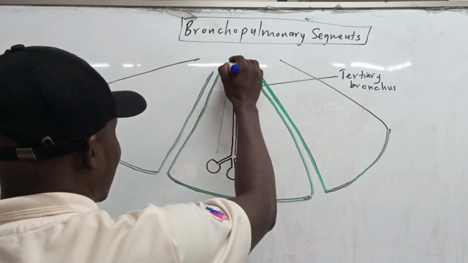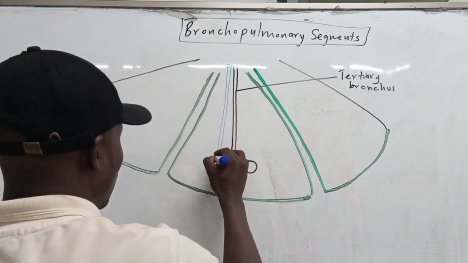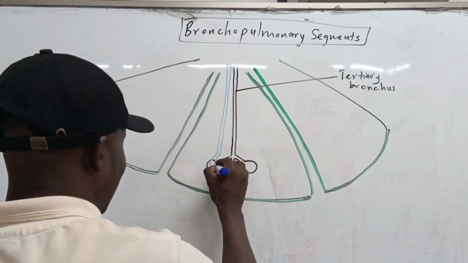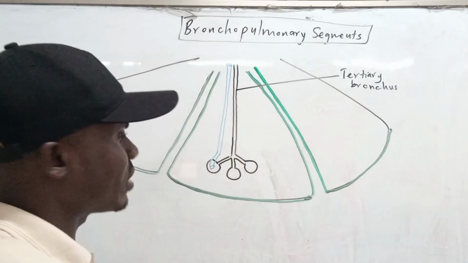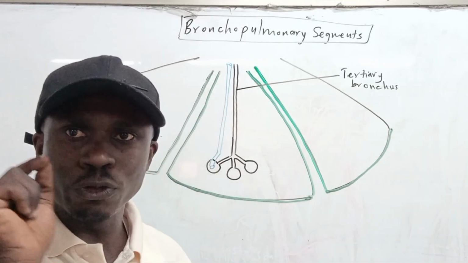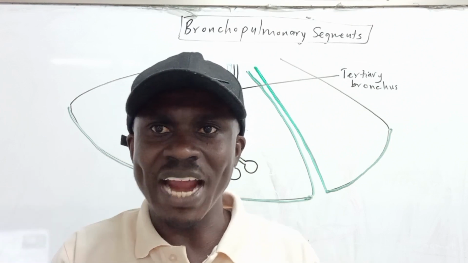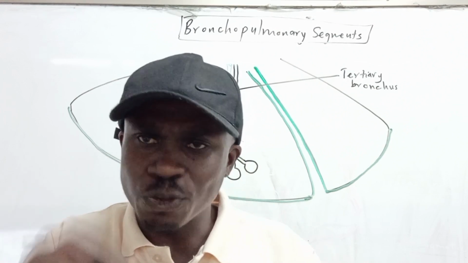Going all the way, my friends, taking this deoxygenated blood to the level of what? The alveoli. Now I want you to know the level at which this pulmonary artery will give off all those branches to reach.